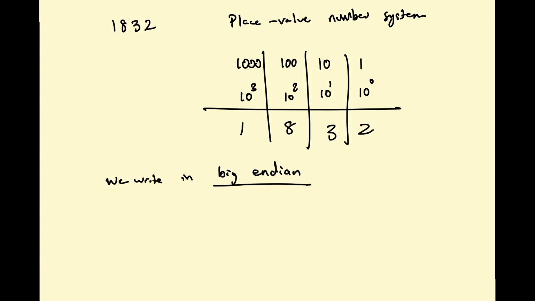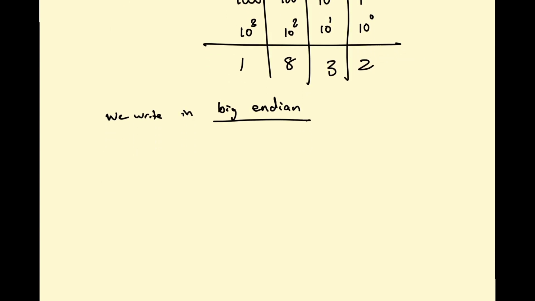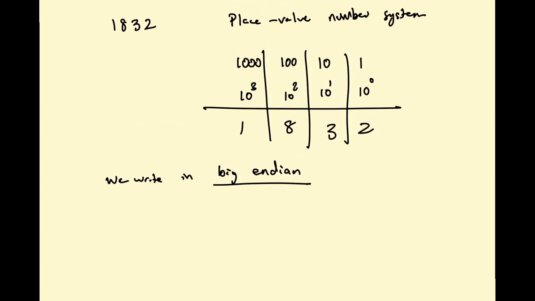So we tend to write numbers in the big Indian order, meaning that the largest, most significant part is written first on the left, and then we go to the right from there. Now, we also write in base 10 because that's the number system that we use. But to some extent, you guys actually are used to using other bases of number systems.